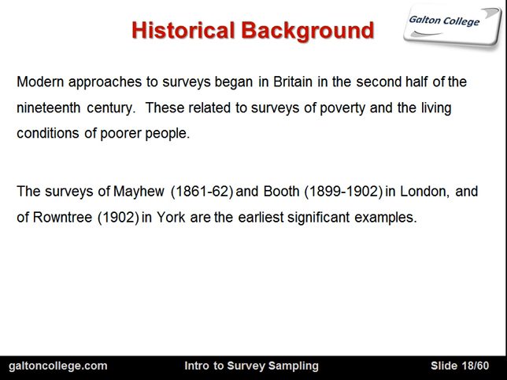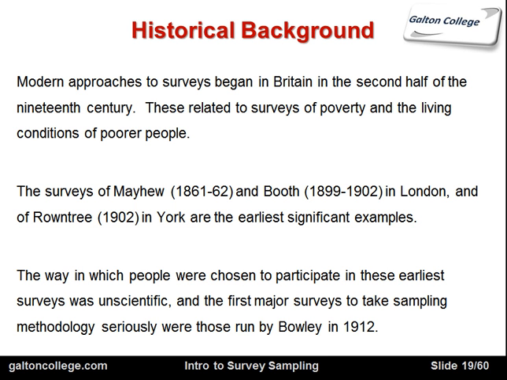So they go back quite some time. The way in which people were chosen to participate in the early surveys was very unscientific. And the first major survey to take sampling methodology seriously were those by Bowley in 1912.